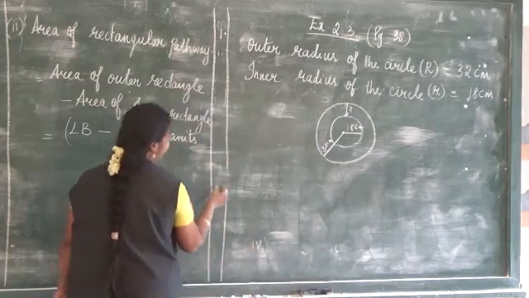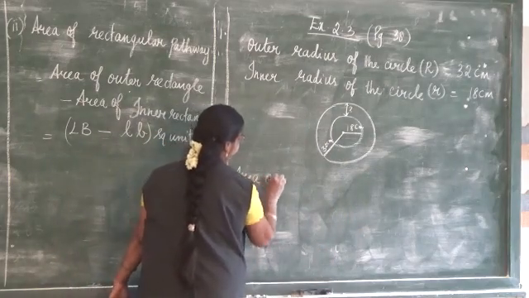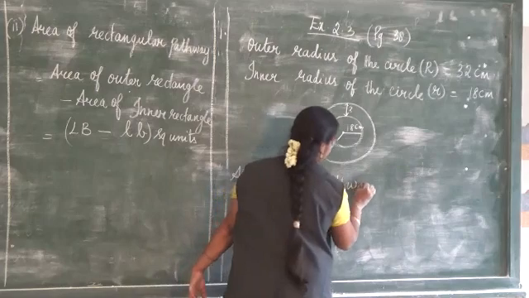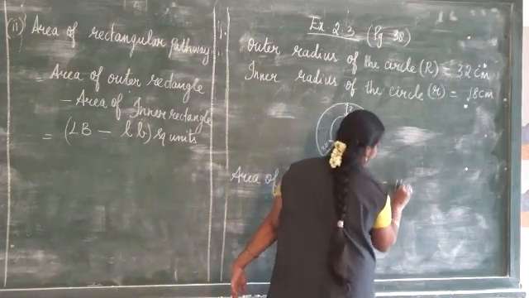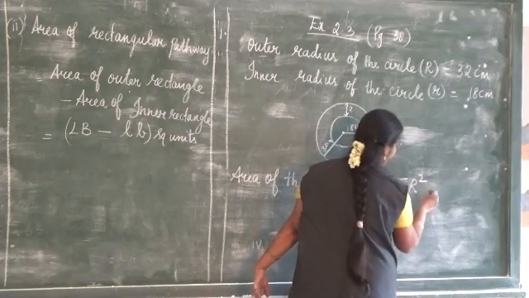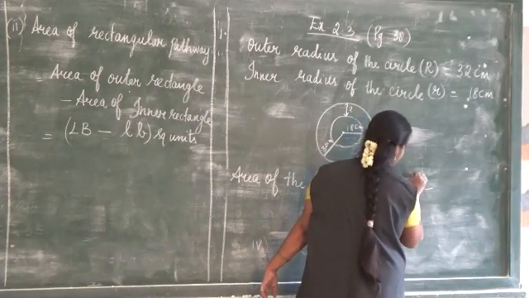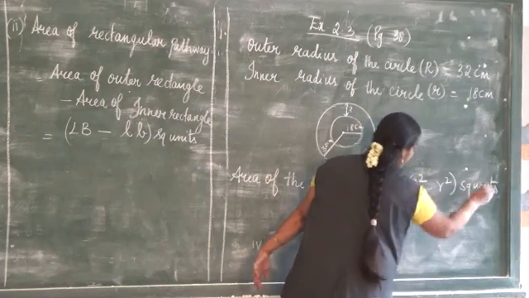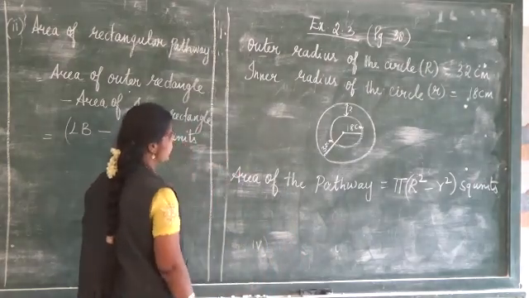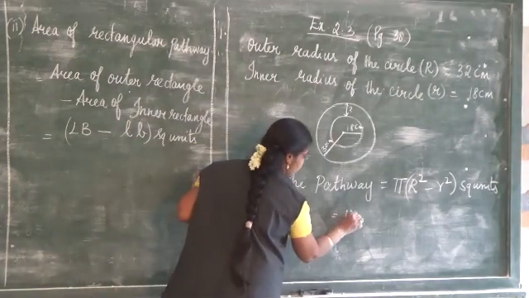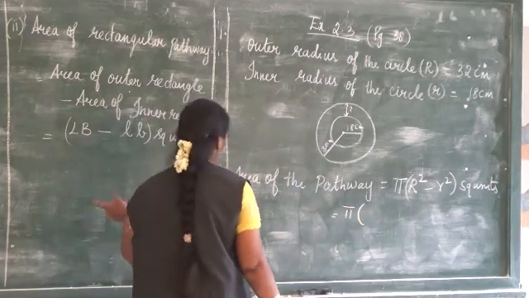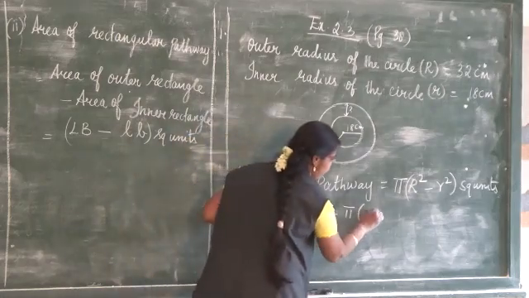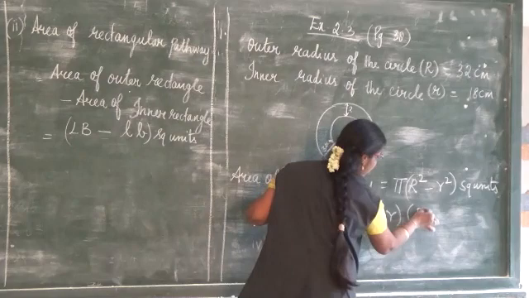So, what is the formula for area of the pathway? Area of the pathway is equal to pi R square minus pi r square units. Now this is equal to pi into, as I already told in the formula, R square minus r square, we can write as R plus r into R minus r.